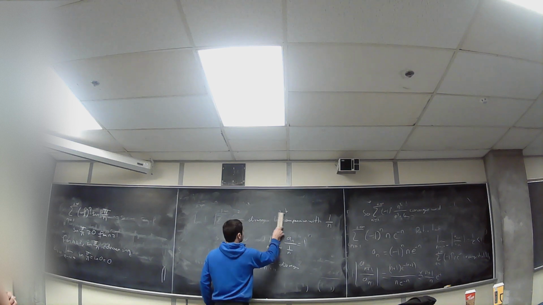Okay, so what can I apply here? For the conditional, you can apply the alternating series test. By the AST. On the exam, I don't want to see any ASTs. You write the full thing.